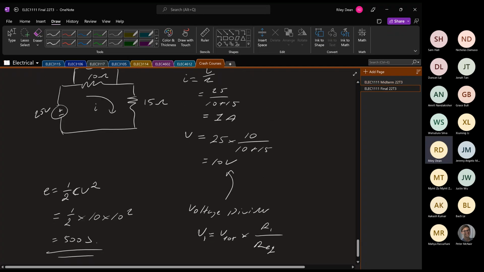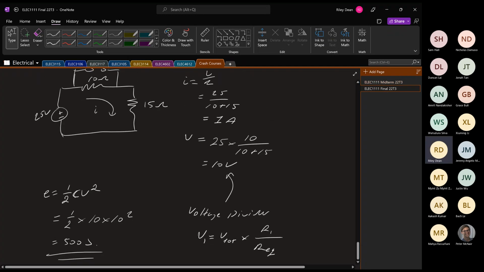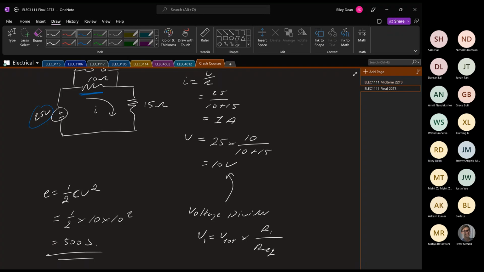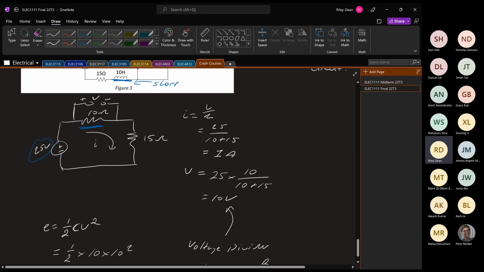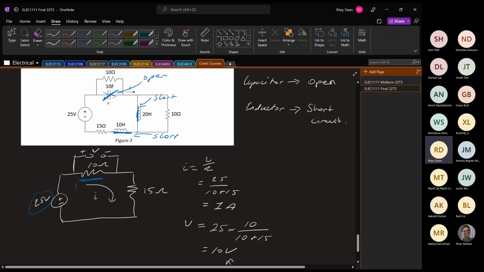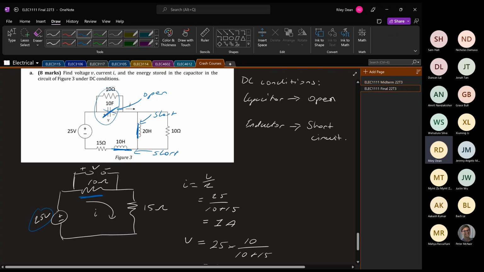For us, the total voltage across everything here is 25 volts. The resistance we're after is 10 ohm, and the equivalent resistance is the addition of both the 10 and 15. Yes, it's the voltage across the capacitor, but as you can see, they're both in parallel there, and as such, they're going to be equal voltages.